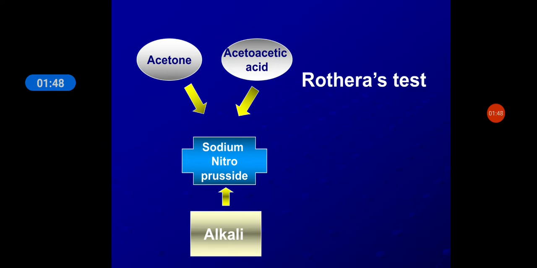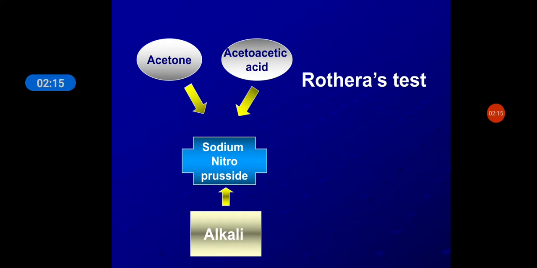Sodium nitroprusside is the compound which you're adding, right? It gets decomposed in an alkaline medium. How does it become an alkaline medium? Because you're saturating that particular urine with ammonium sulfate, so that turns into an alkaline medium, right? So the byproduct it becomes is a strong oxidizing agent.